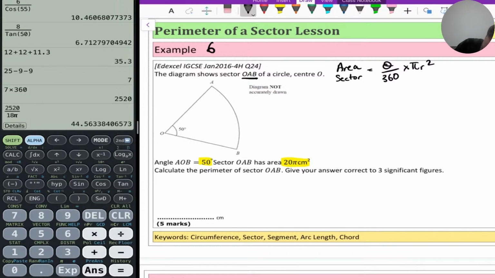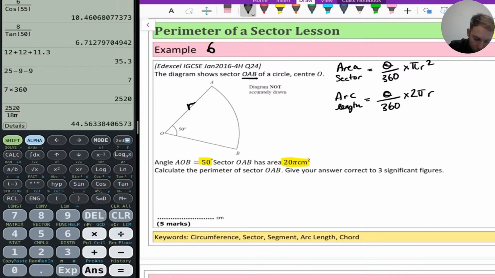And it's also linking together the arc length, which is equal to theta over 360 times by 2 pi r. Now, the problem here is I can't work out the perimeter because I don't know what the radius is.